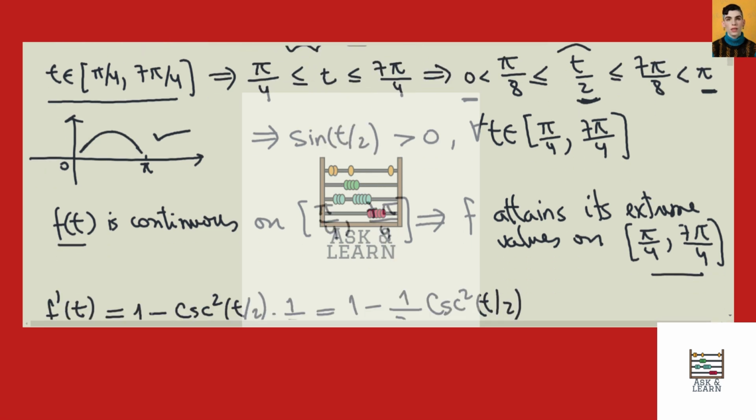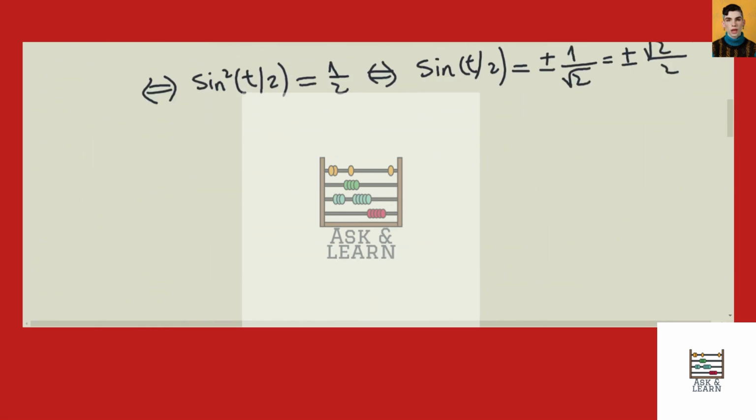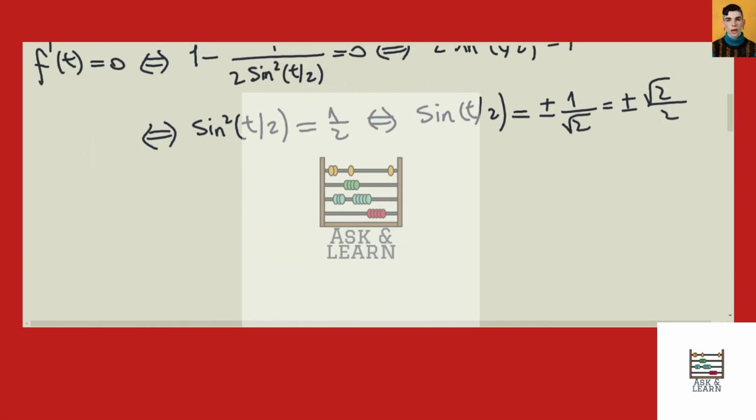So sine of t half is positive. So this equation is in reality only one equation, not two, because the negative sign has no sense for t in that interval.